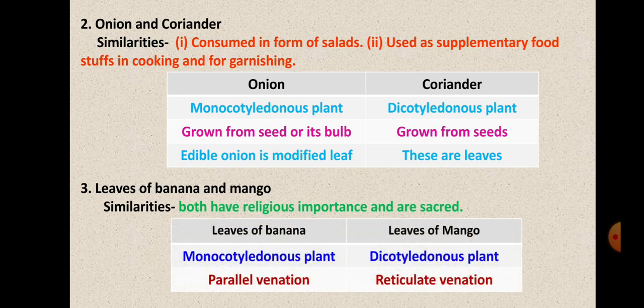And the differences: banana plant is monocot, mango is dicot. Then the leaves of banana, as I had explained, have parallel venation. The branches of the midrib are parallel to each other, whereas in mango leaf there is a reticulate venation or a network of venation.